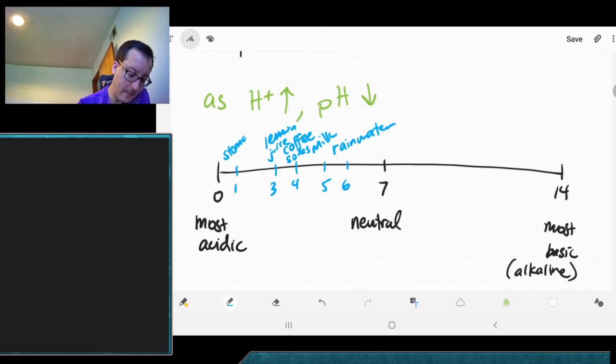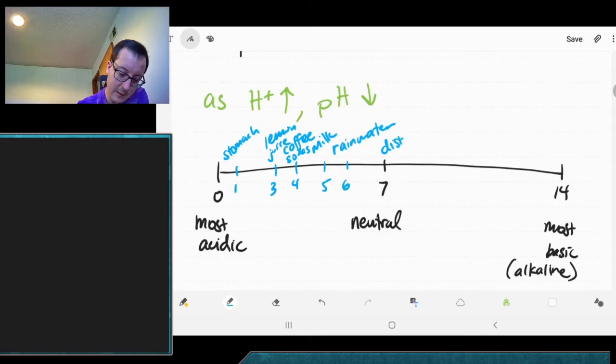You've got your stomach down here around 1 or 0. So a lot of the food products that we think about are going to be acidic, which I guess is bad news for our dentists, or good news because then they'll make money, but we'll lose our teeth. If you take 113, you'll learn why acids will destroy your teeth, but that's neither here nor there.